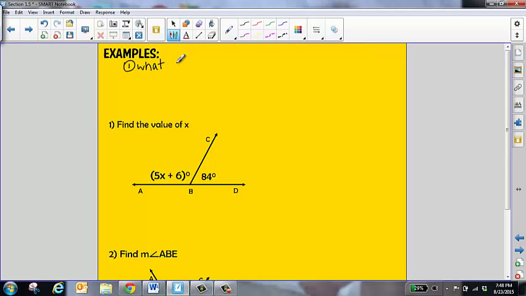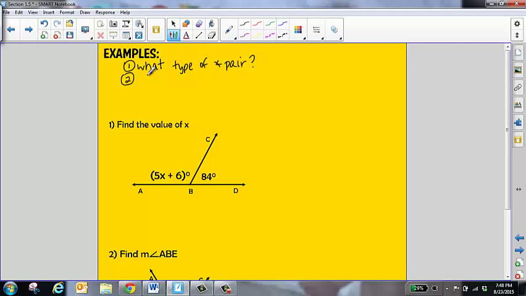is what type of angle pair is drawn in the diagram? Okay, so do you have supplementary angles? Do you have a linear pair? Do you have vertical angles? That's the first thing that you want to ask yourself.